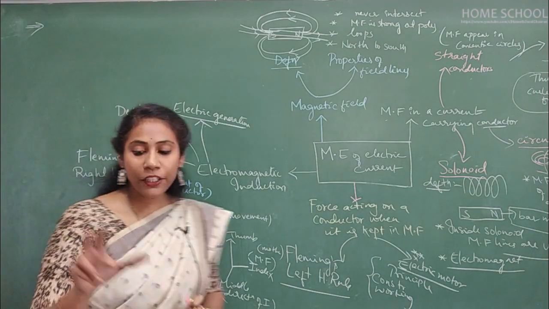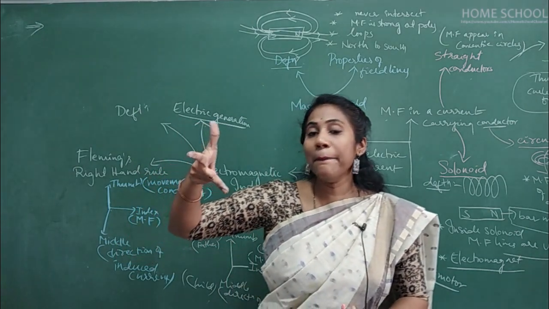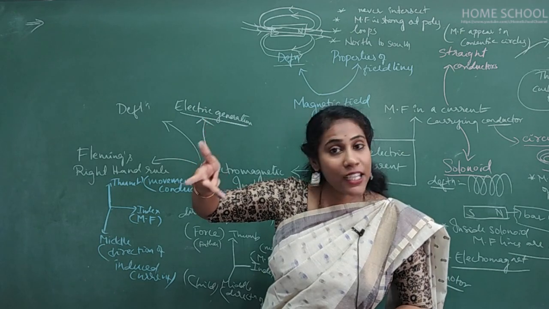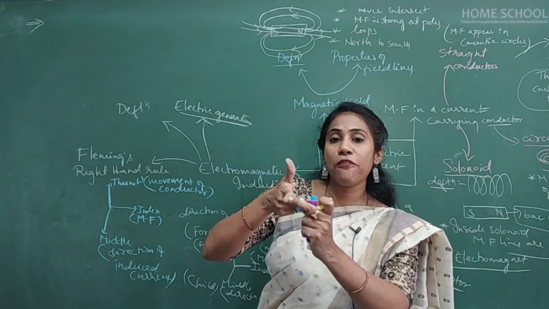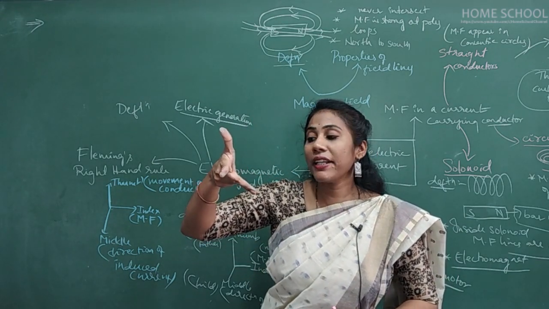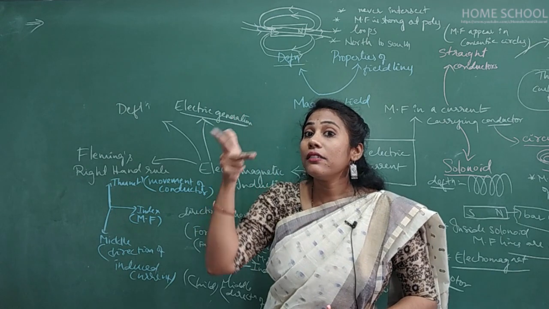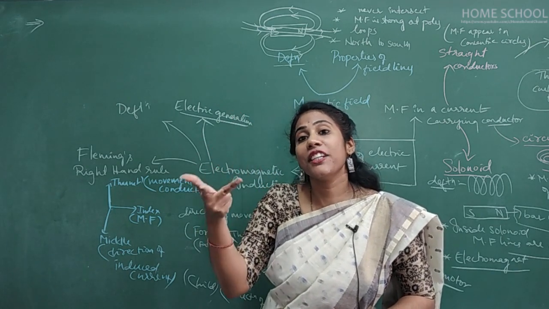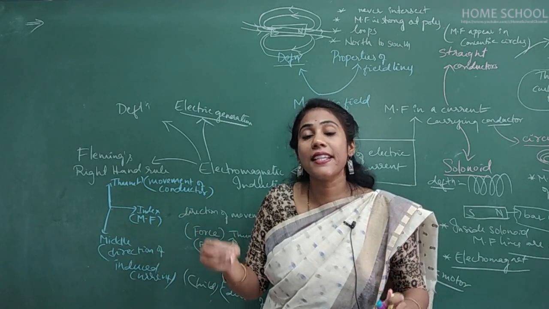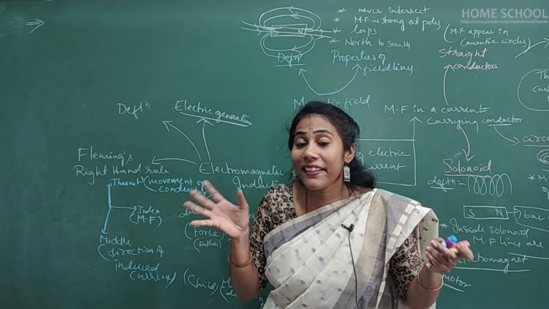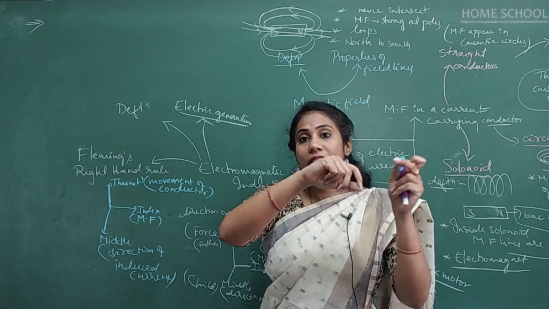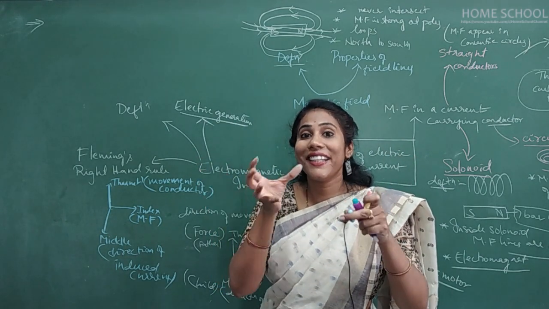When you take your right hand and stretch the thumb, index and middle finger as far as possible, if the index finger represents the direction of magnetic field, the thumb represents the movement of conductor, then your middle finger will give you the direction of newly generated current. Induced current means the current which has been generated newly. Whenever you change the magnetic field around the conductor, it can induce current.